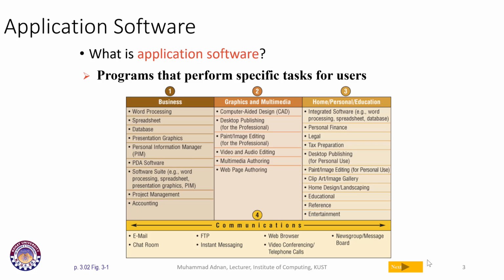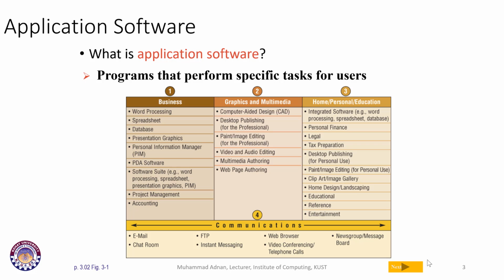The first category is business application software. In business, we use word processing in order to write letters, memos, drafts, books, etc. We use spreadsheets, databases, presentation graphics, personal information managers, and software suites like word processing, spreadsheet, presentation graphics, PIMs, etc. And we use software to manage projects, and software for accounting purposes.